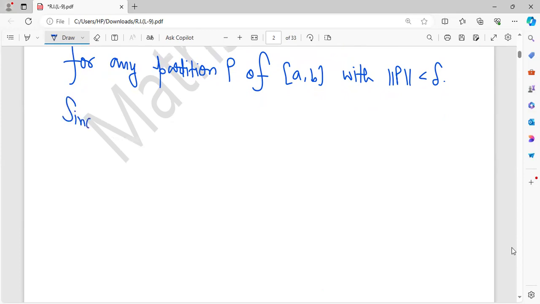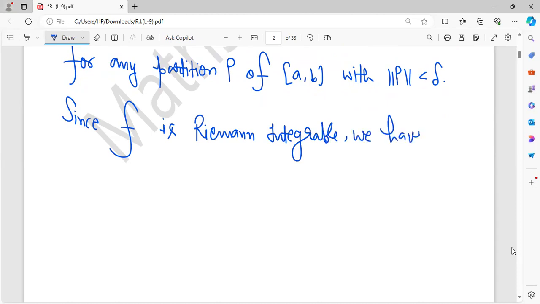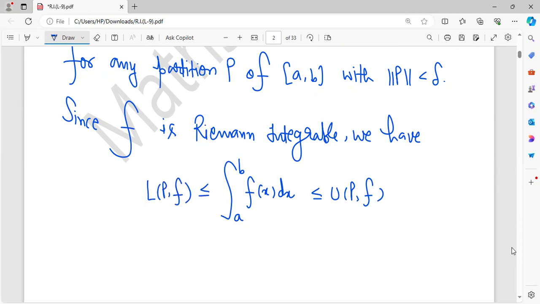Since f is Riemann integrable, we have L(P,f) is less than or equal to the integral from a to b of f(x) dx, which is less than or equal to U(P,f), for any partition P of [a,b].